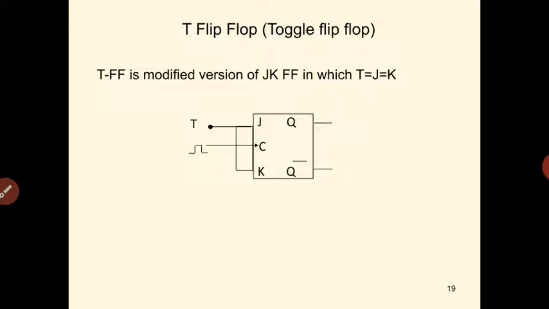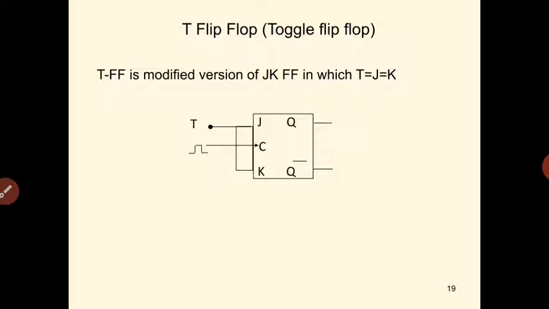T flip flop is a modified version of JK flip flop in which T is equal to J is equal to K. So with the help of JK flip flop, you can implement T flip flop circuit, by satisfying this condition, T is equal to J is equal to K. That means both J and K inputs are shorted together and applied as one input, and that input you are calling toggle input.